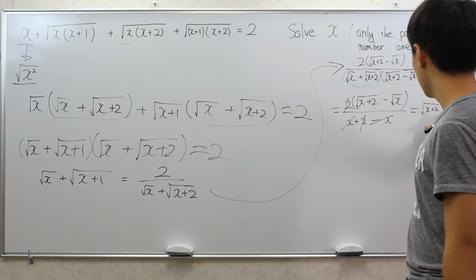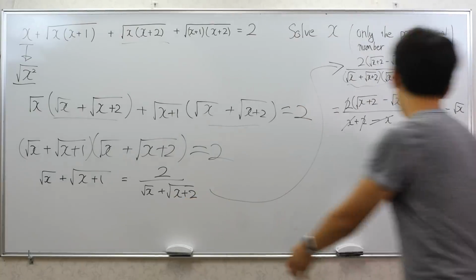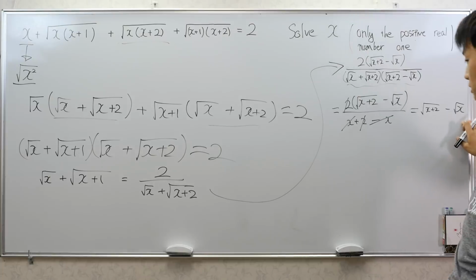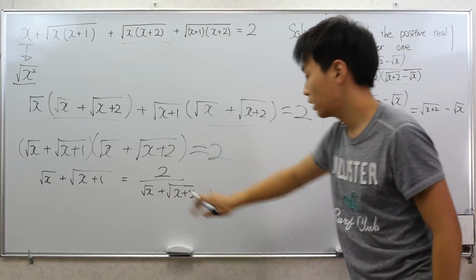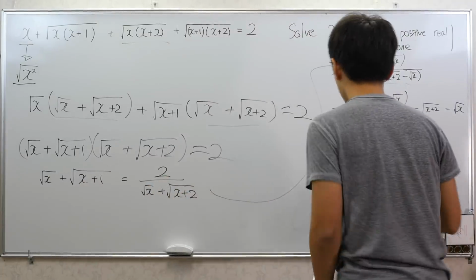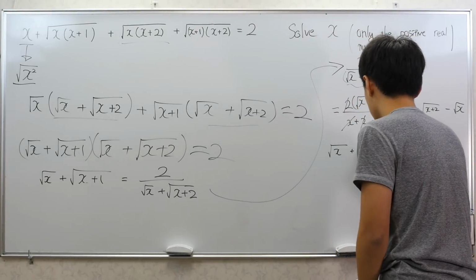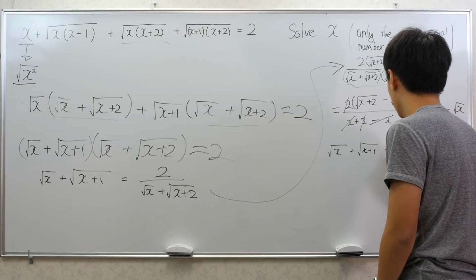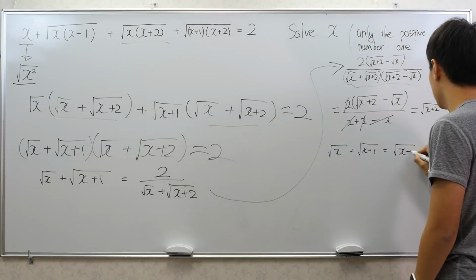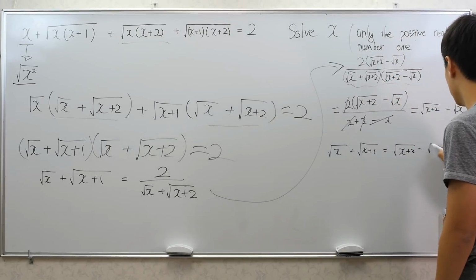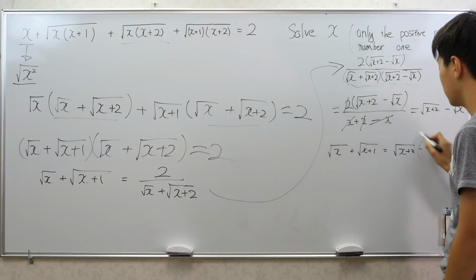So this here is exactly the same as this, so the equation still works. So square root of x plus 1 equals square root of x plus 2 minus square root of x, and then you bring it over that way.